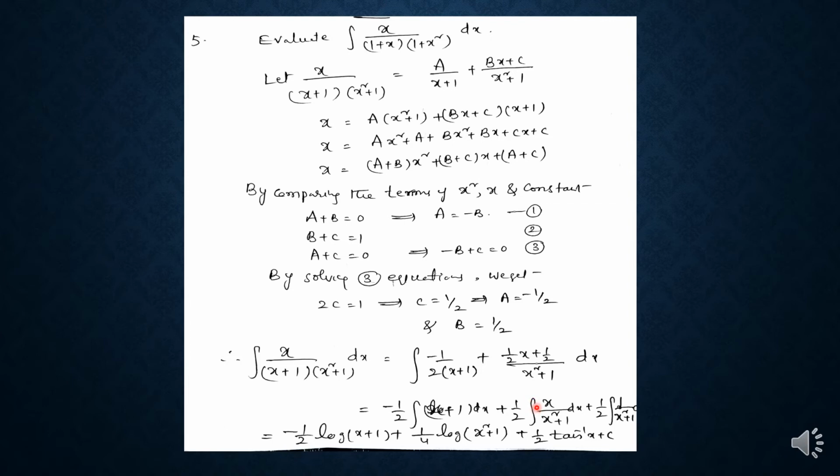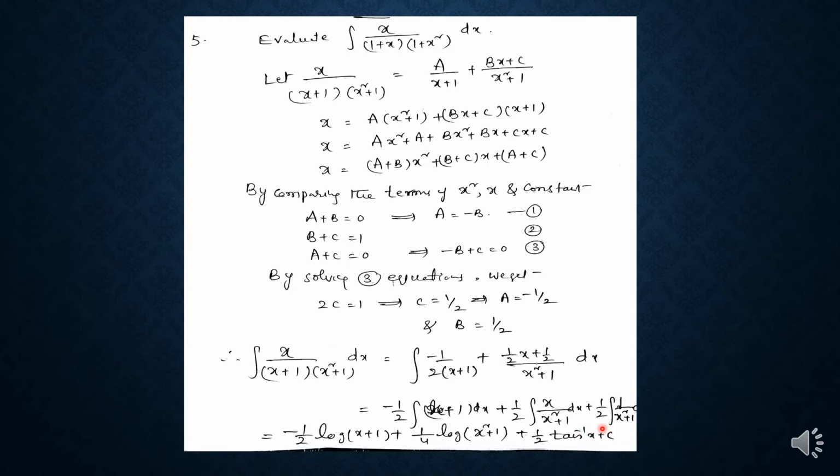For that, multiply and divide the numerator by 2. That becomes 1 by 4 into integral 2x by x square plus 1 dx, which is in the form of integral f dash x by f x dx is equal to log f of x. So by applying that formula, we will get 1 by 4 into log of x square plus 1.